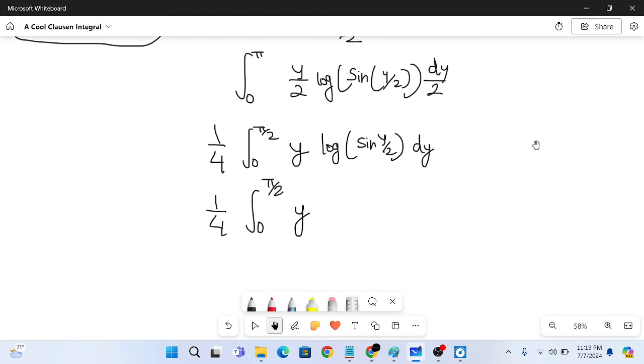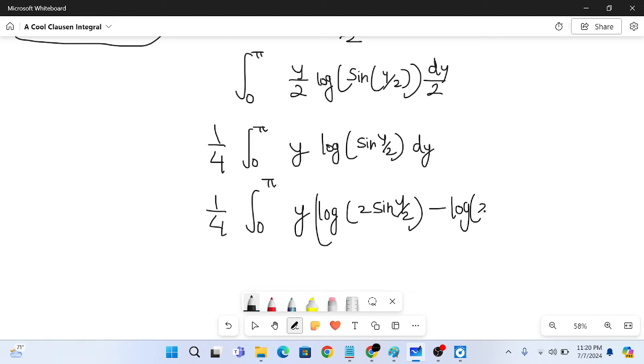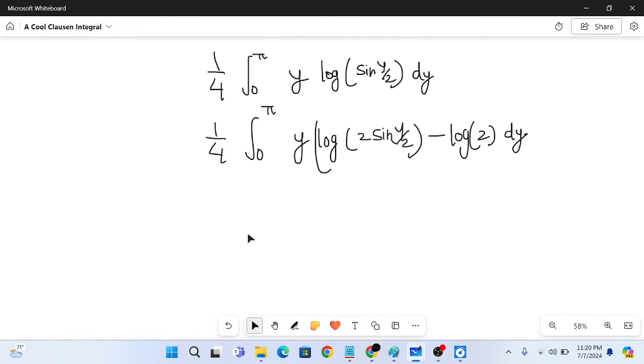And over here also this will be pi now. Now it looks good. And this is log of 2 sine y by 2, but I also have to subtract log of 2, dy.